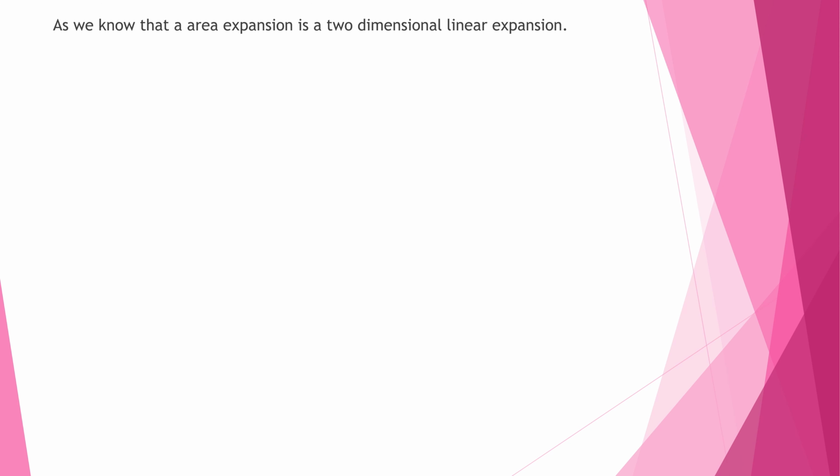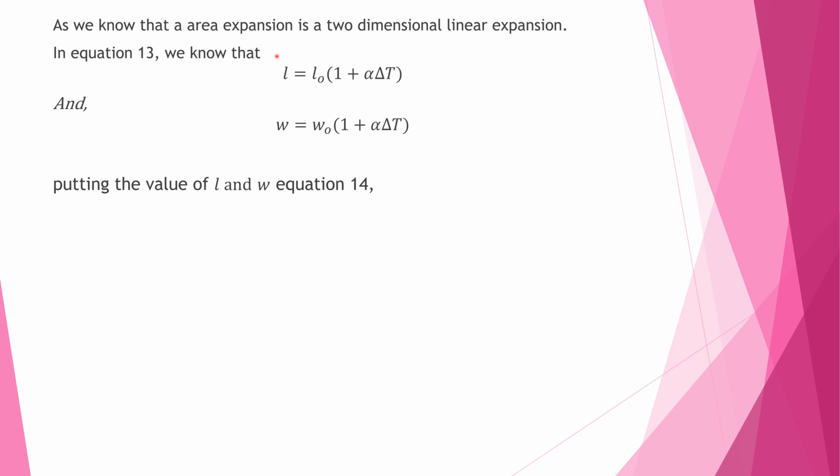Now we know that area expansion is actually a two-dimensional linear expansion. So we can say that the final length of the plate is equal to L₀ into (1 + αΔT), and the final width of the plate is equal to W₀ into (1 + αΔT). So what we do, we put the value of L and W in equation 14.